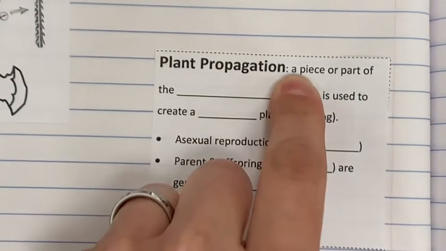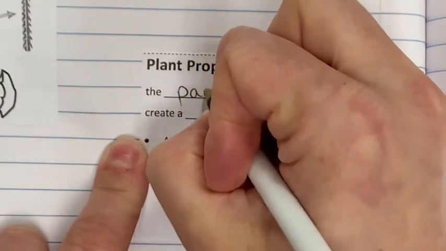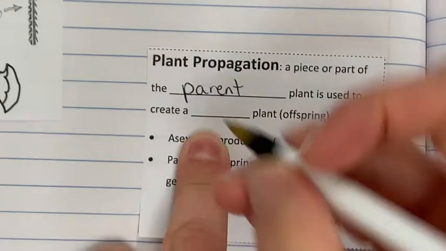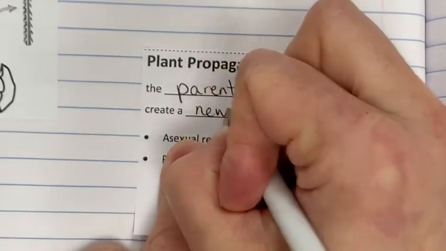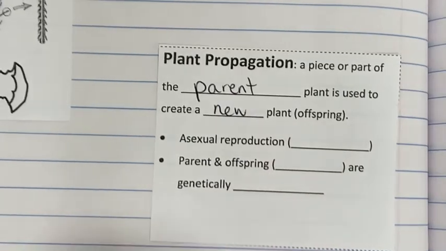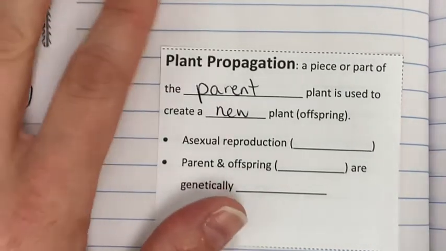So all you need is a piece or a part of the parent plant, and it's used to create a new plant, and that new plant is the offspring, the baby. This is a form of asexual reproduction.